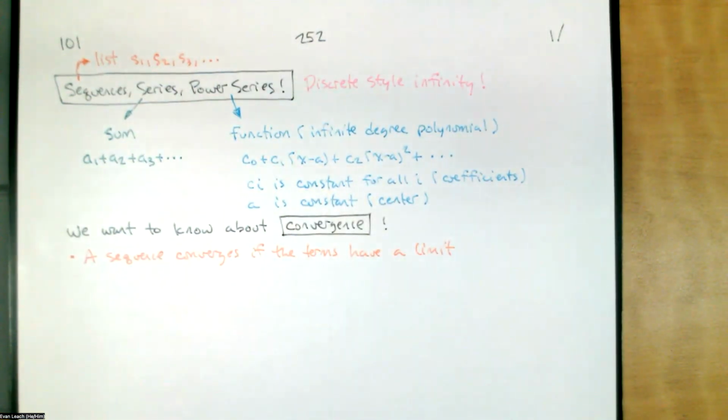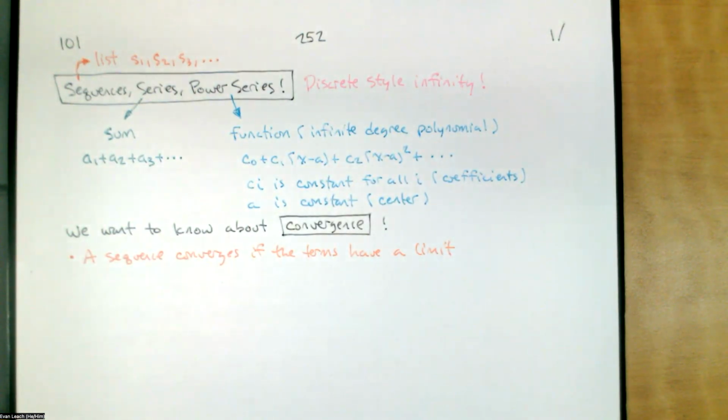This has been shortened. I leave off the "as n goes to infinity" part because that's the limit we're mainly concerned with. A sequence converges if the terms have a limit. That's what I'm normally going to say. What I mean is that the terms have a limit at infinity.